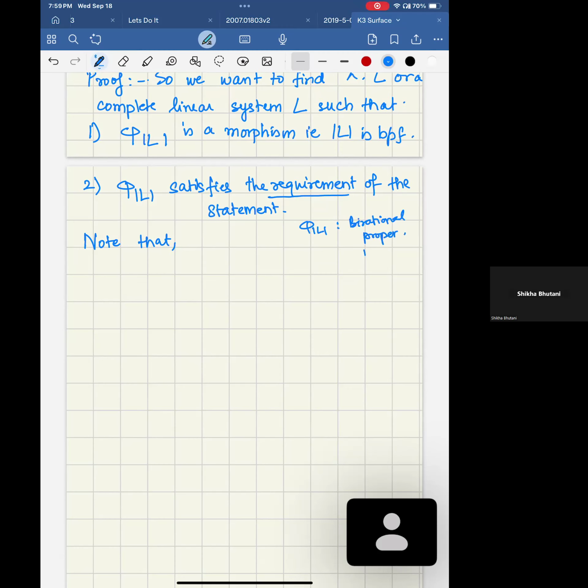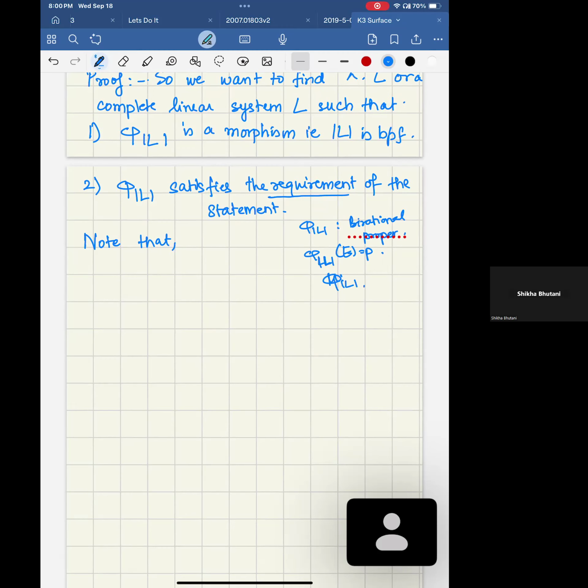Then it should be a morphism, I've already written up there. And then it should contract E to a point, and then it should be a blow-up map, and x1 should be. So these are the qualities that we require in phi of L, right?